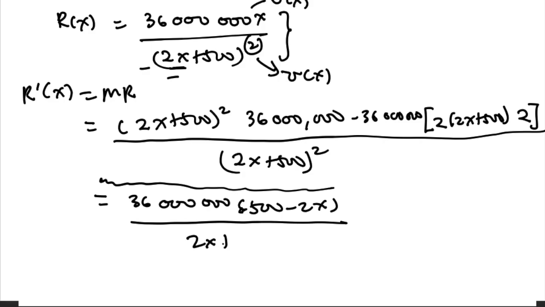Over (2x plus 500) cubed. Okay, cubed. So here I think I made a mistake basically. Let me show you this mistake so that you realize it. Okay, let's go back to the original function.